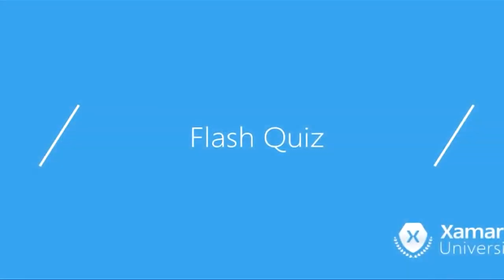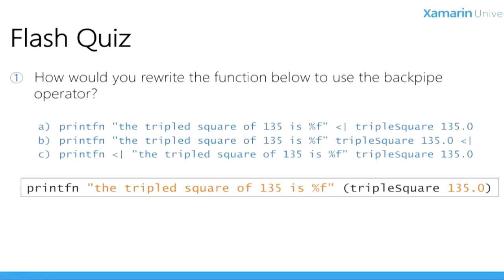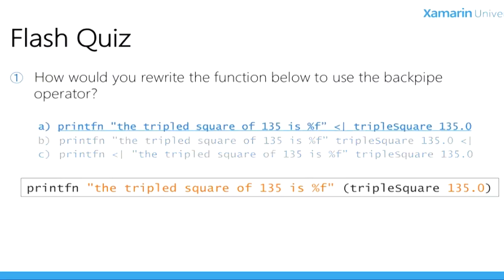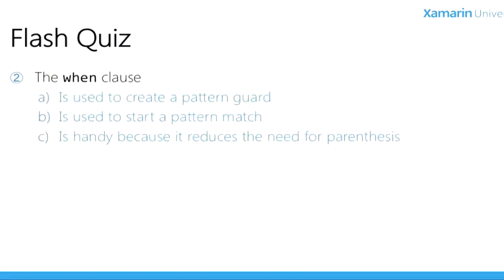So let's test our knowledge with a small flash quiz. Question 1. How would you rewrite the function below to use the backpipe operator? And the answer is A. Question 2.